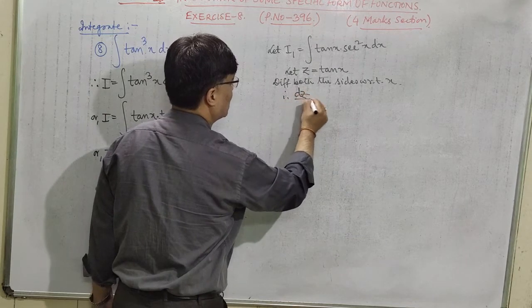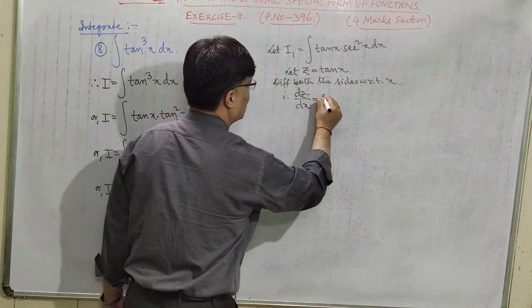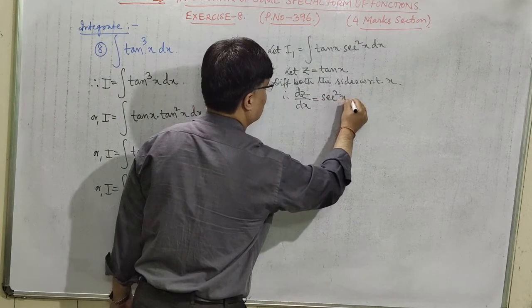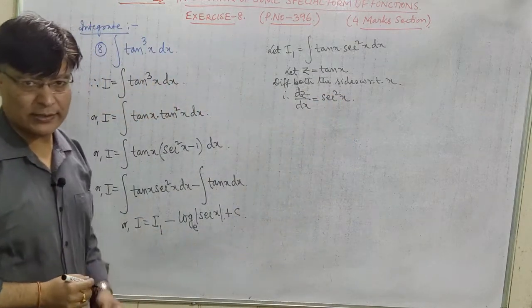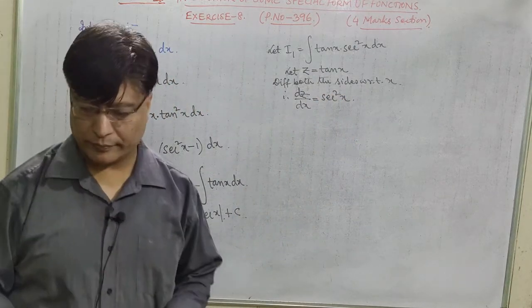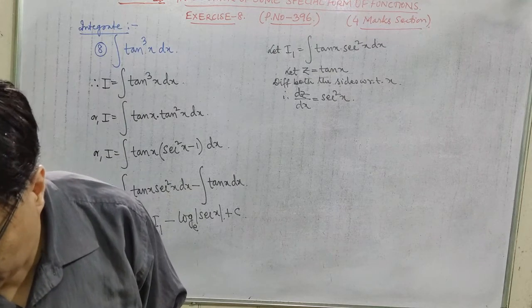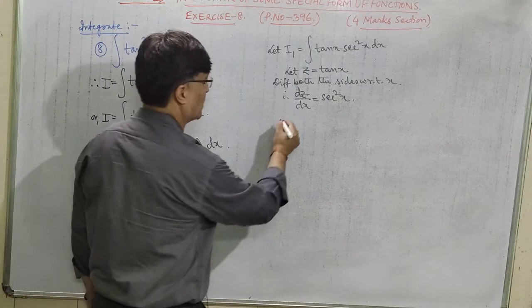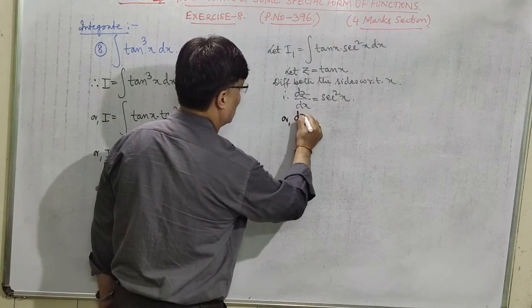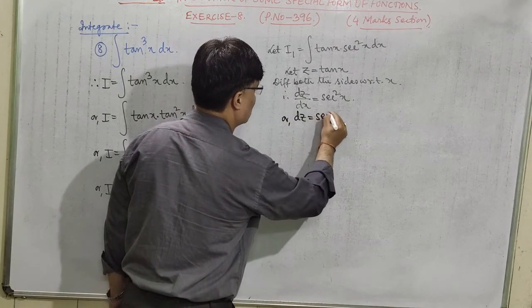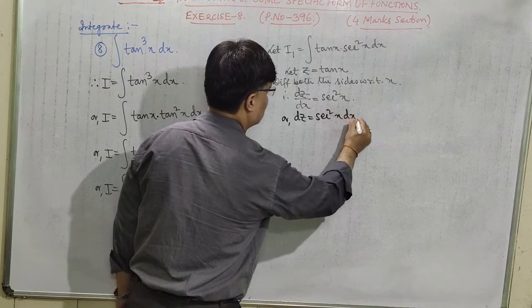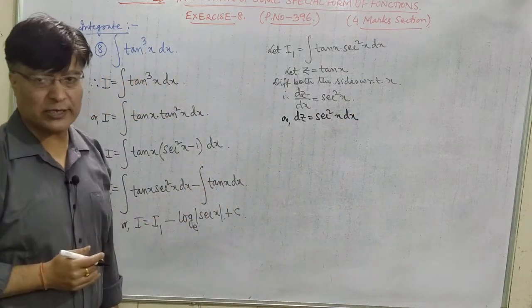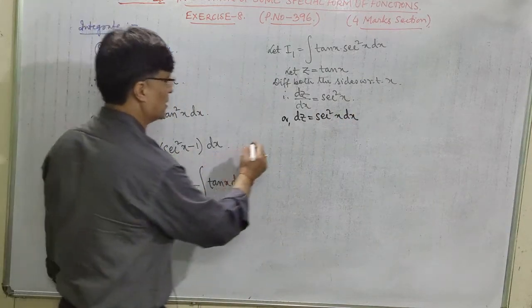So what do we get? So dz by dx is equal to differentiation of tan x is, that is your sec square x. Is that clear? And next, let's do cross multiplication, or this is dz is equal to sec square x dx. So we have got the value for sec square dx as dz.